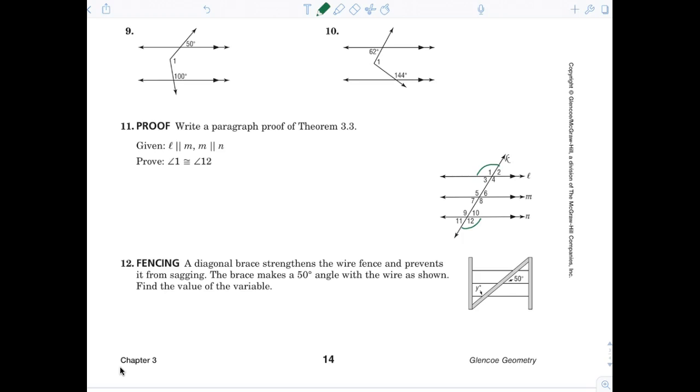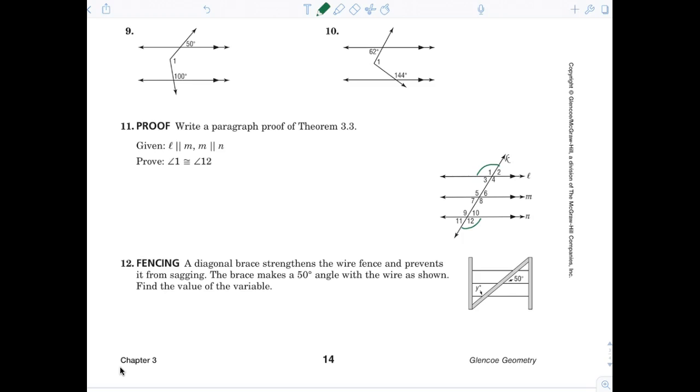All right. So I'm with Joe on here. This is stating the obvious, but we're not going to state the obvious. The first thing you're going to write down is the given. Line L is parallel to M, and M is parallel to N. That's given. Step 2 would be line L is parallel to line N, and you can either say substitution or you can say transitive property.